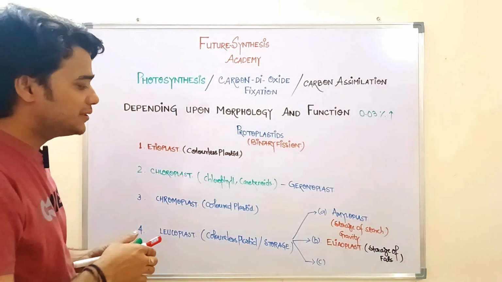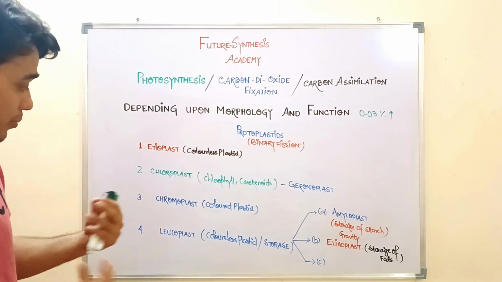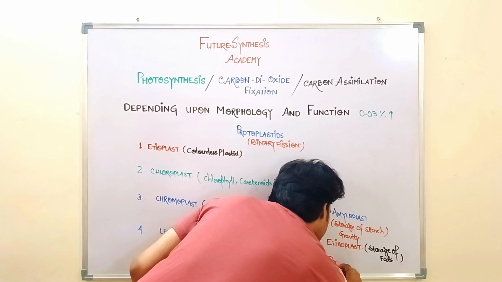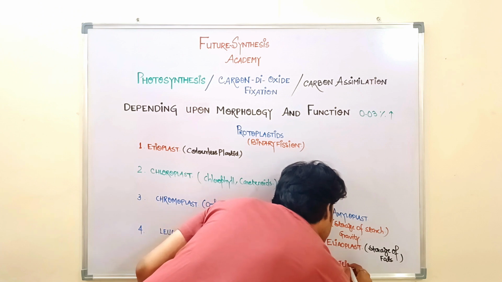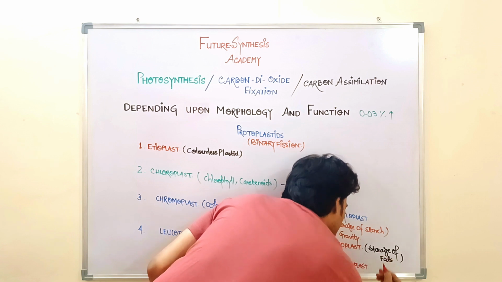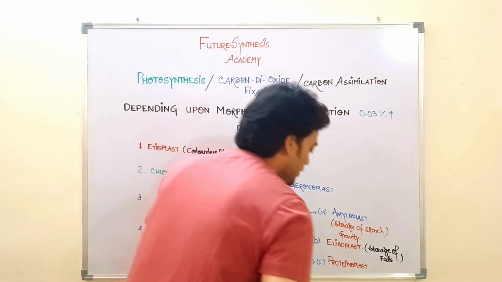Now the last kind of plastid, which is formed from leucoplast, is the PROTEINOPLAST, which stores protein.